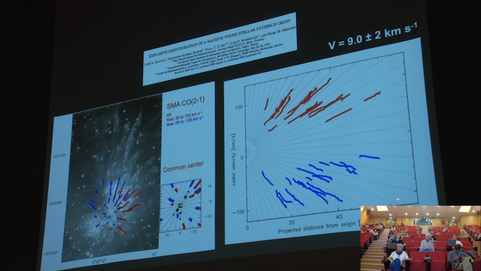This is something fantastic because every filament seems to point to a single position. That means there is some kind of origin that is more or less here, and in velocity there is also some kind of origin, like an explosion at some point. The age of this explosion is something like 700 years ago, more or less the time that this occurred.